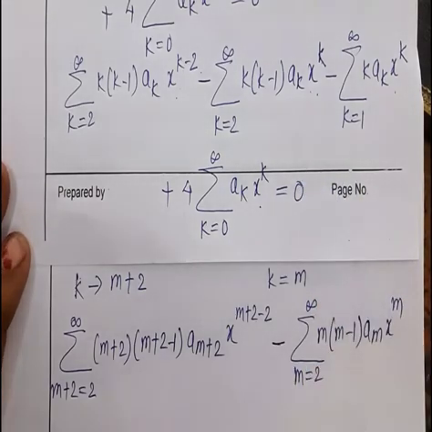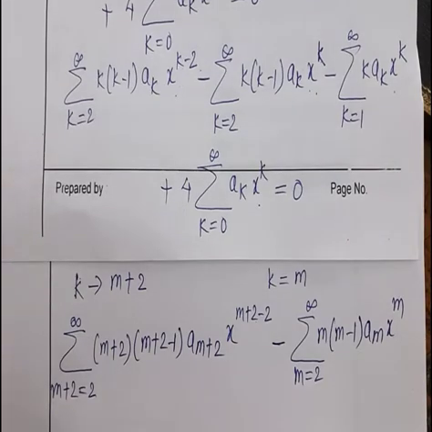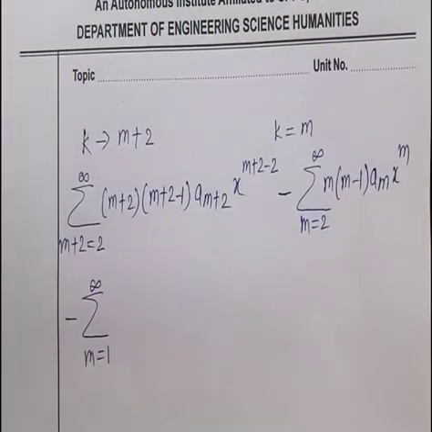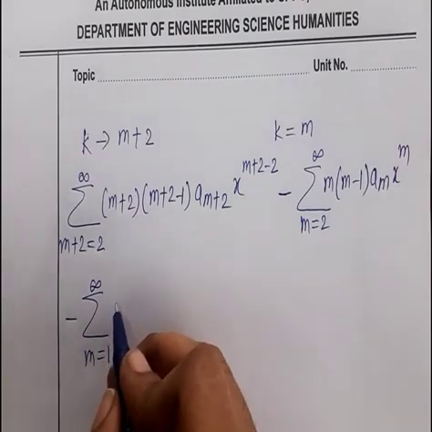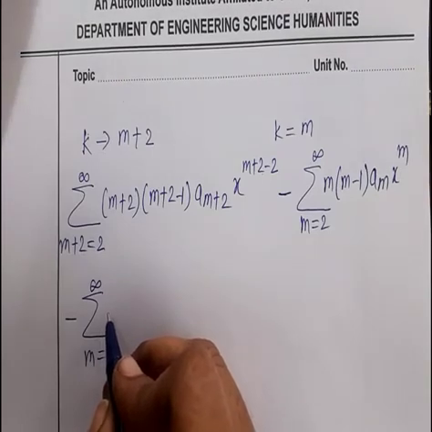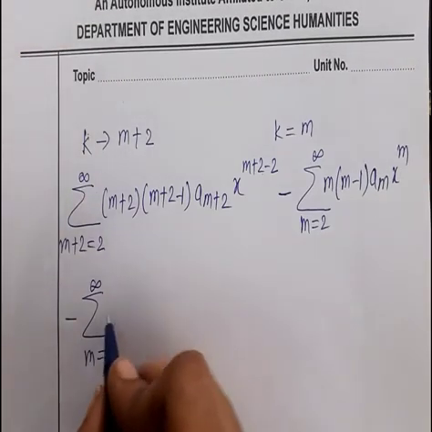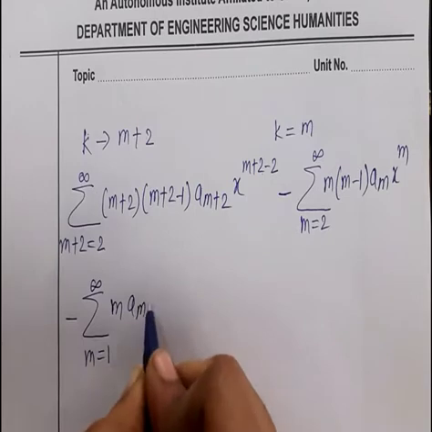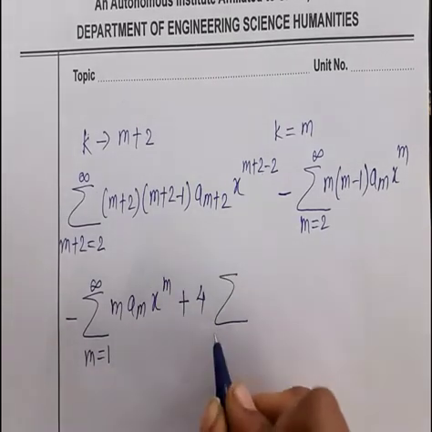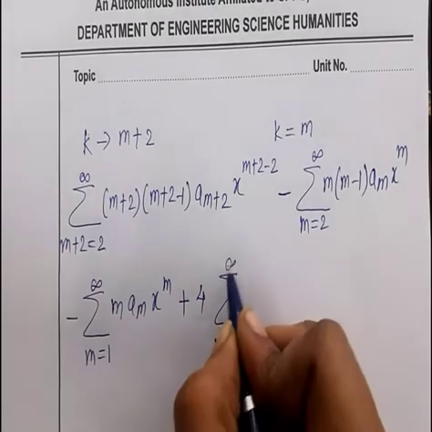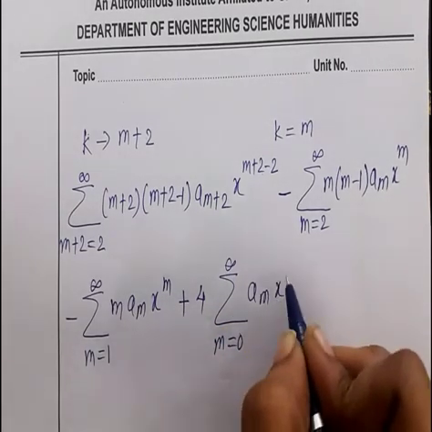The third term is minus summation m is equal to 1 to infinity m multiplied by am x to the power m, plus 4 times summation m is equal to 0 to infinity am x to the power m.